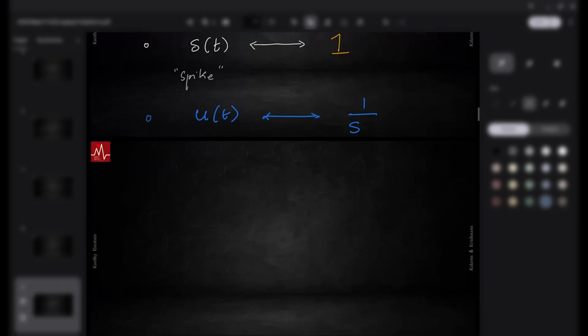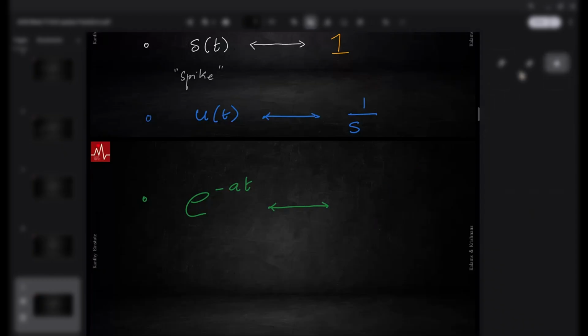This is your chance to memorize it. This is the bare minimal thing you need to know. What does e power minus at transform to? It transforms to 1 by s plus a.